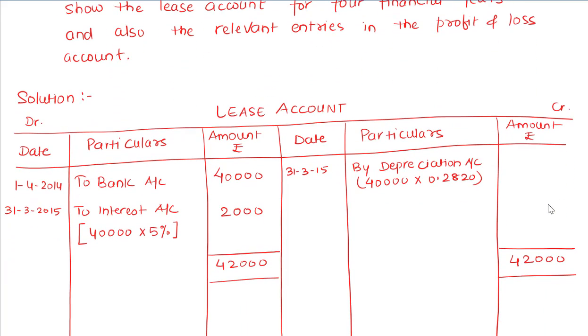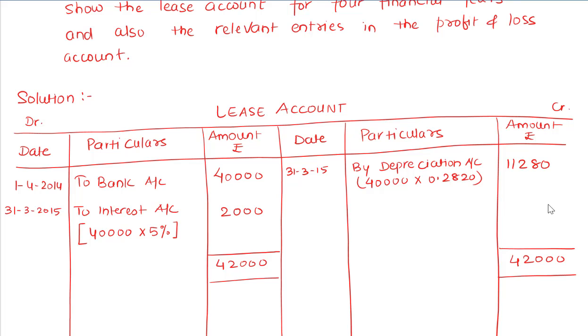Do it on your calculators quickly. 40,000 multiplied by 0.2820 is 11,280.